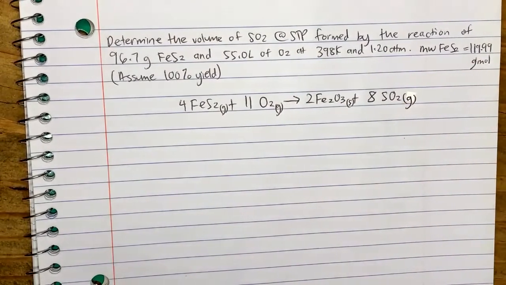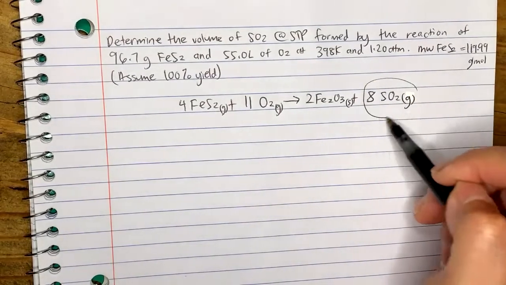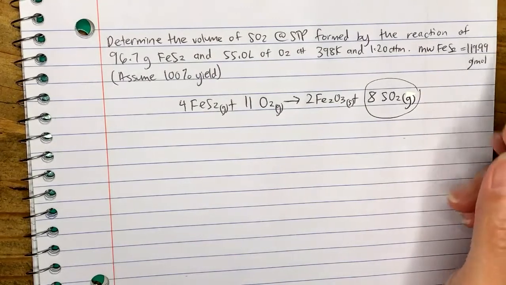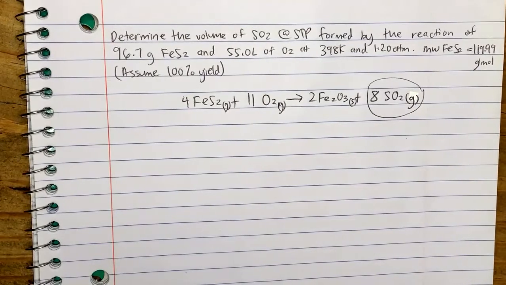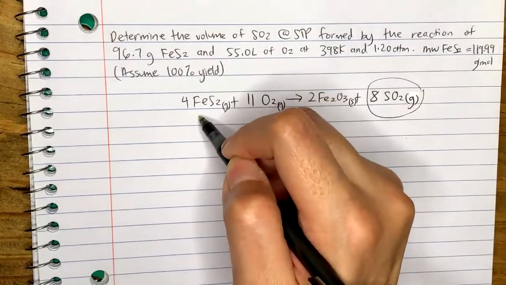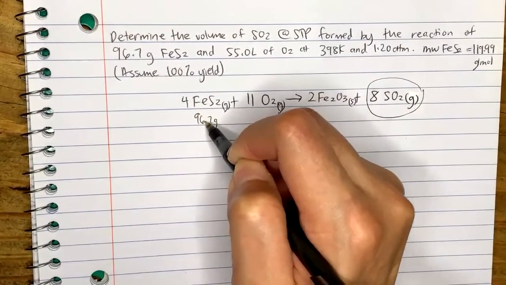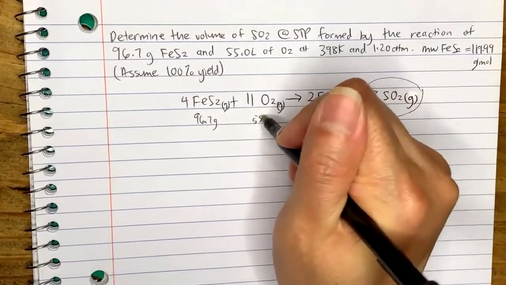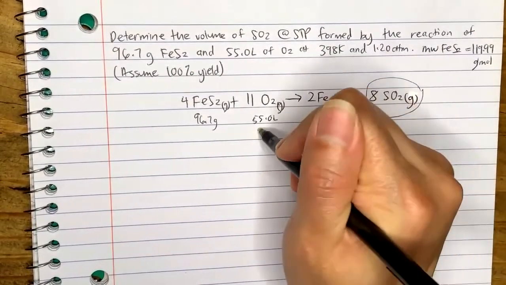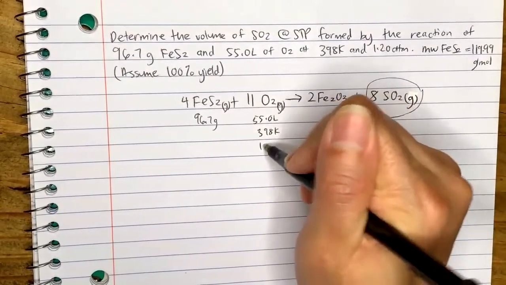Okay, so we have this question here. They want to find the volume, so how much product, okay, at STP. So you just basically gotta find the moles of SO2 and then convert it to volume, where 1 mole is 22.4 liters. So what are you reacting though? We got 96.7 grams of this guy. And we got a bunch of parameters for oxygen. It was 55 liters, 398 Kelvin, 1.20 ATM.